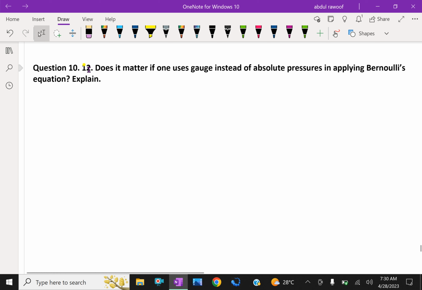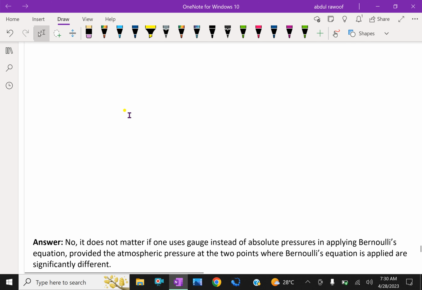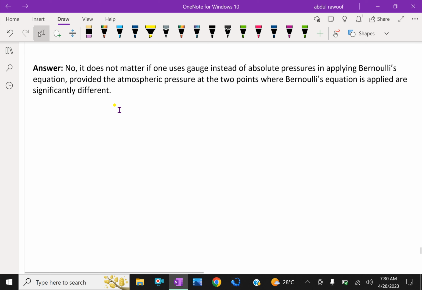Does it matter if one uses gauge instead of absolute pressure in applying Bernoulli's equation? Explain. No, it does not matter.